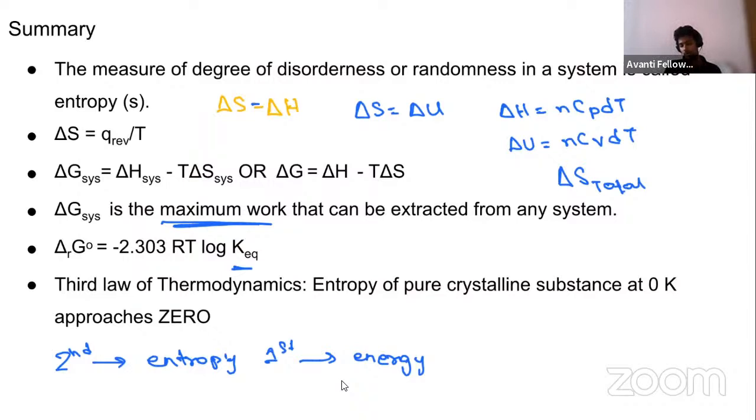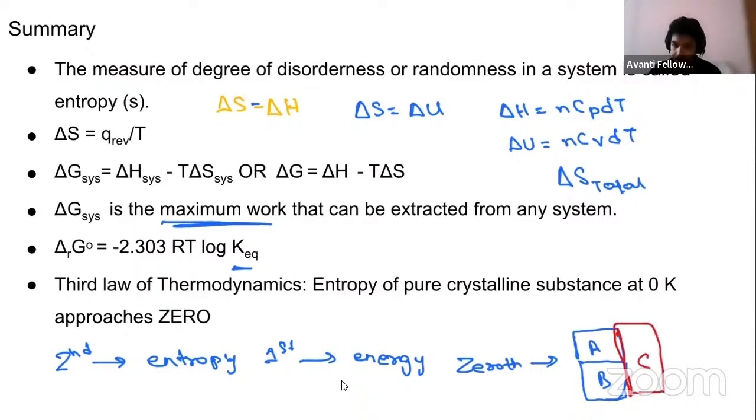And one more law you need to know is the zeroth law. Whenever, let's say we are taking three objects, A is there and B is there, and one more is attached to both A and B, that is C. Now, if I say A and B are in equilibrium and B and C are in equilibrium, that means A and C are also in equilibrium.